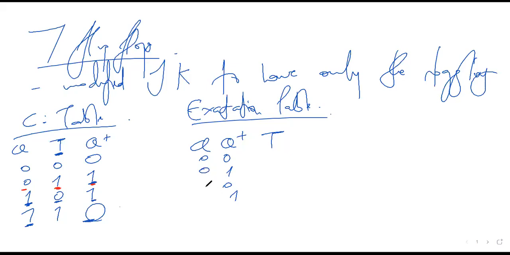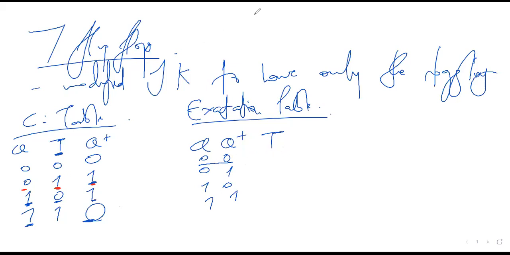So in this example, 0, 0, 1, 1. If I want my next state to be the same as my present state, 0, 0, what will be my T?